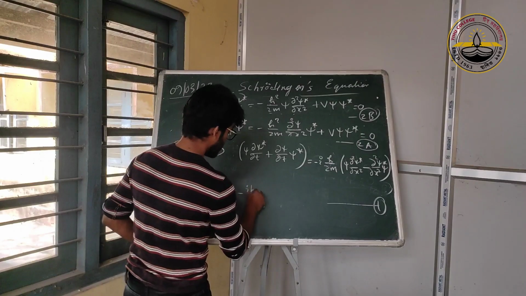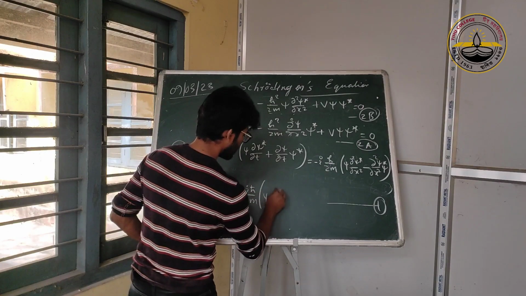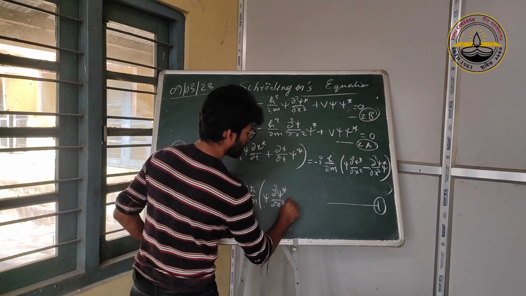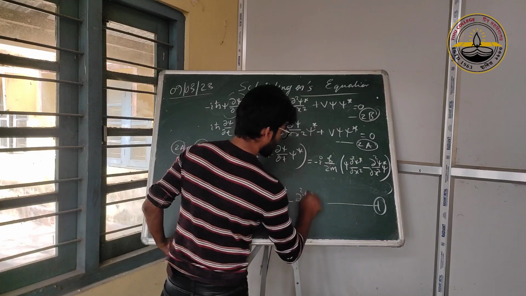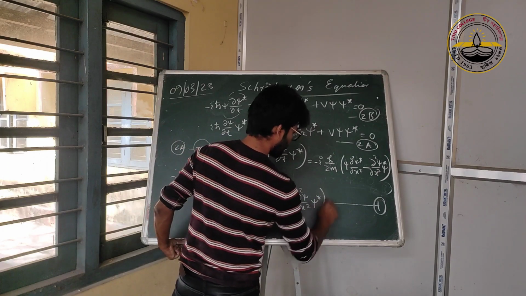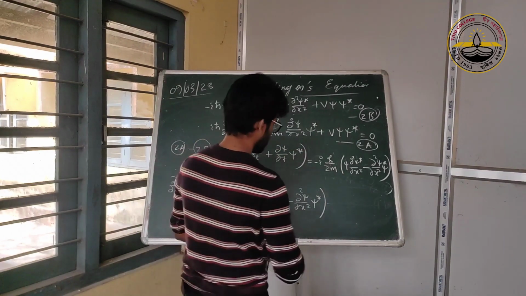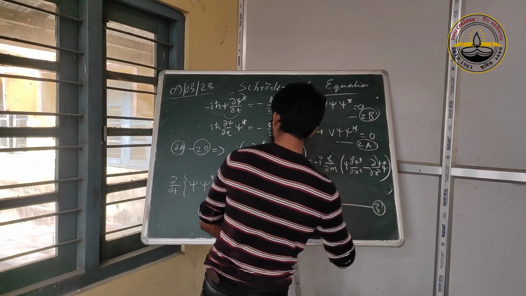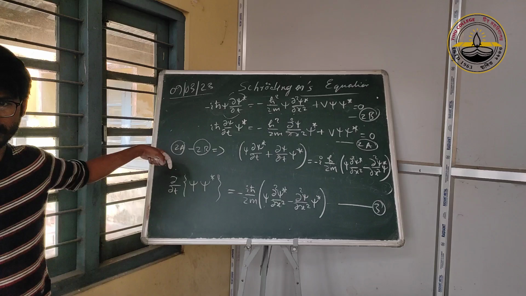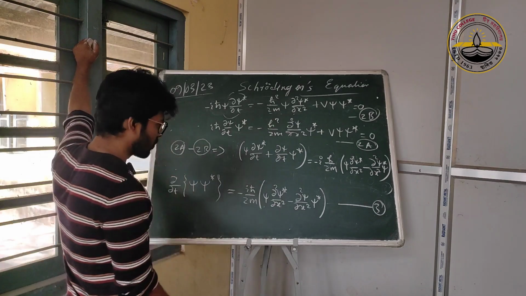So iħ over 2m, we have ψ ∂²ψ*/∂x² minus ∂²ψ/∂x² ψ*. Let's call that equation number 3. By the way, you have to repeat these calculations. Only then you will be good at it. This is good.